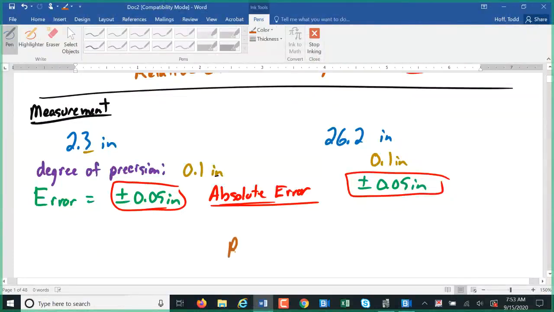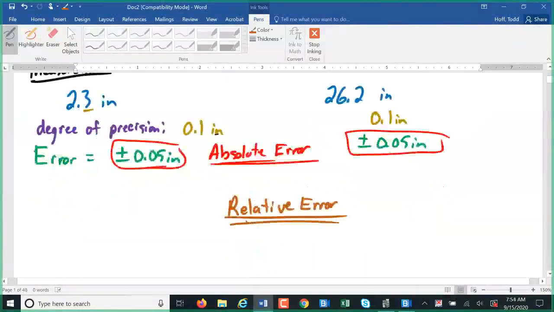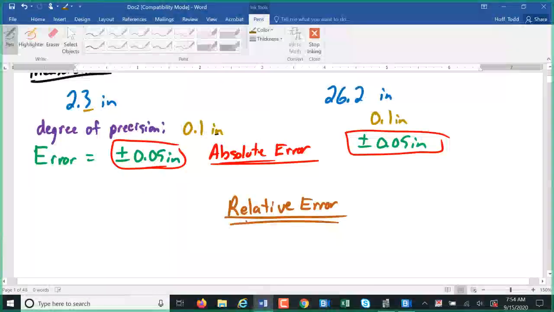The relative error, however, is going to be different for each of them. Now, we don't know the actual size of each of those pieces, but we know it's pretty darn close to whatever we measured. Hopefully we didn't screw it up too badly. So the relative error can be found by taking our absolute error, or the maximum error of our measurement, 0.05, and dividing by the measured value.